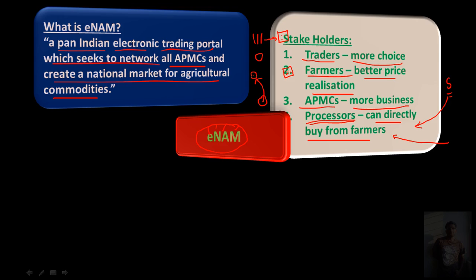Or let us take one more example of cornflakes. If I want to buy corn, I can directly register myself as an APMC trader. It is an easy process on e-NAM, and then I can buy corn from all over India. So this will help me obtain a steady supply of corn, and it will help the farmer also because they'll get a better price.